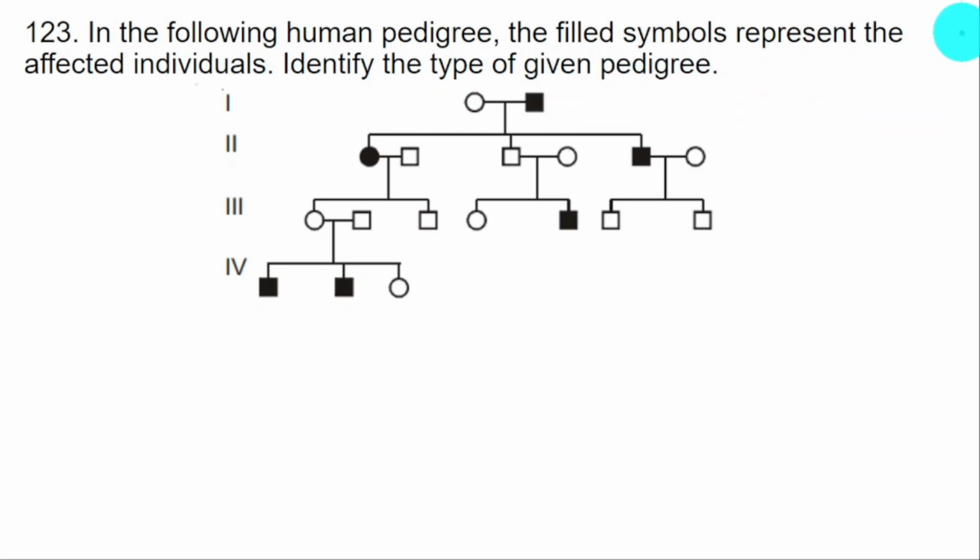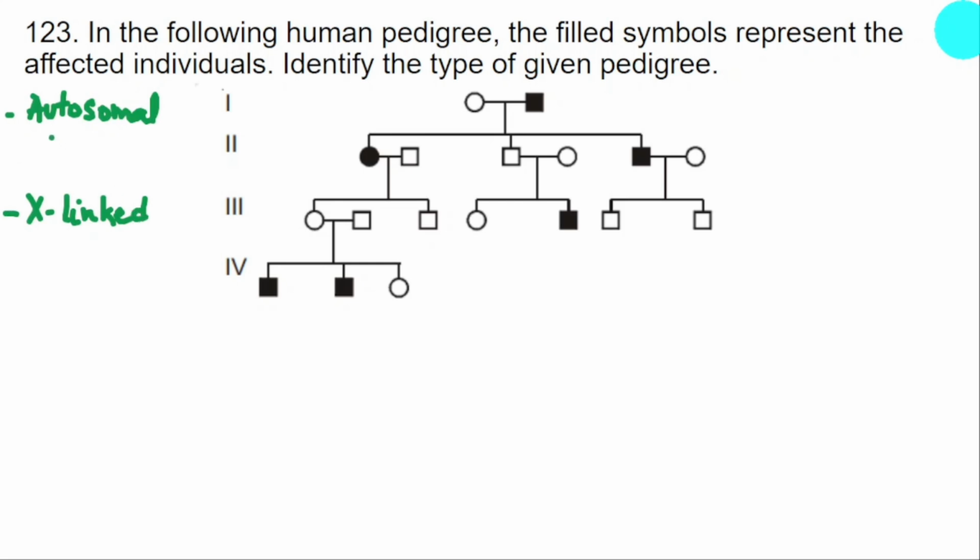So in your syllabus, the 4 different types of pedigrees are, I'll write it here, autosomal, so the broad category is autosomal and X-linked.